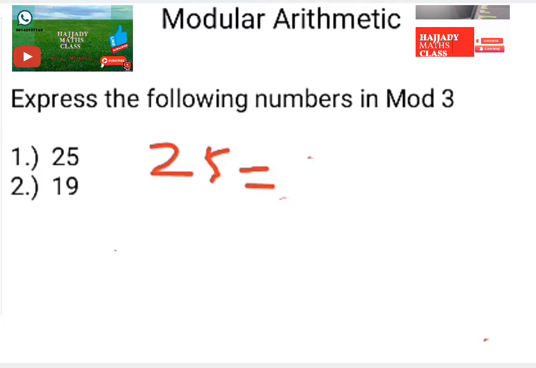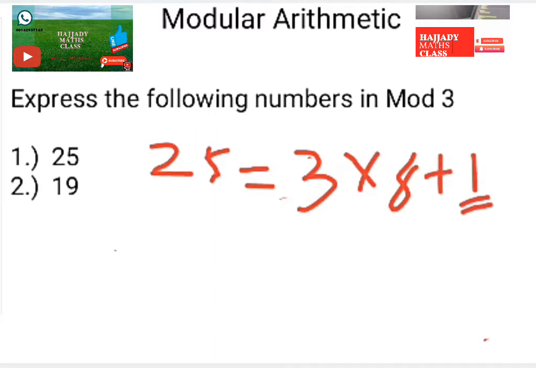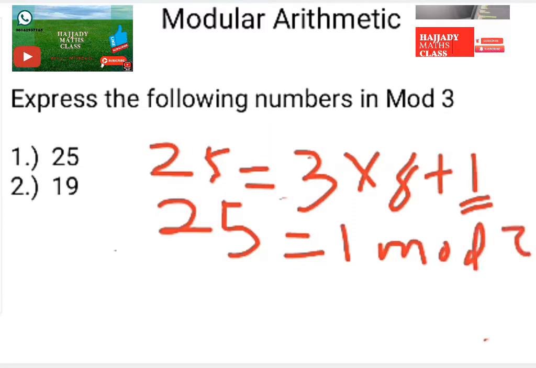Let's look for the multiples of 3 that will be very close to 25, and the multiple of 3 that is close to 25 is 3 times 8. 3 times 8 gives 24. So what are we going to add to get 25? We have plus 1. This 1 is our remainder. So you can express 25 as 1 mod 3.